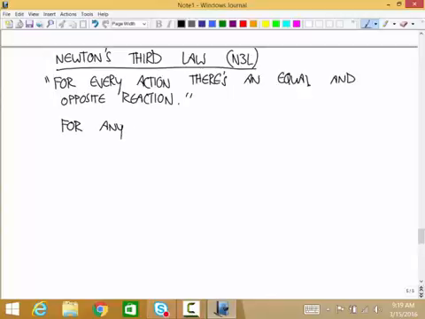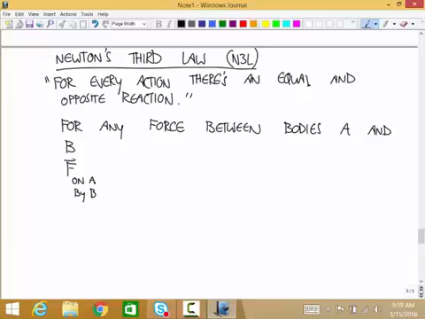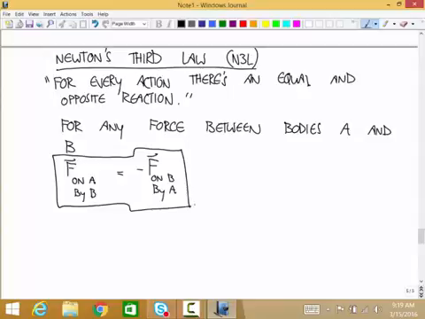So the way to really think about it is, for any force occurring between bodies A and B, the force vector on A by B is equal and opposite to the force vector on B by A. You can think of that as the working definition of Newton's third law.